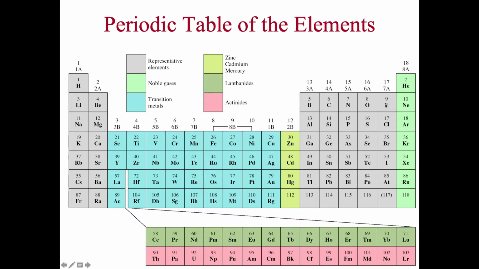Group 7 is called the halogens, and of course group 8 is the noble gases, and they have a stable electron configuration. Again, to remind you, if you're in group 1, you're going to give up 1 electron. Group 2, you're going to give up 2 electrons. Group 3, you're going to give up 3 electrons. Group 4 can act shady sometimes, but group 5 will gain 3 electrons, group 6 will gain 2 electrons, group 7 will gain 1 electron, and the noble gases are pretty much stable.